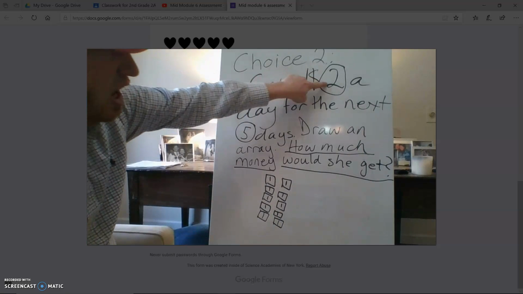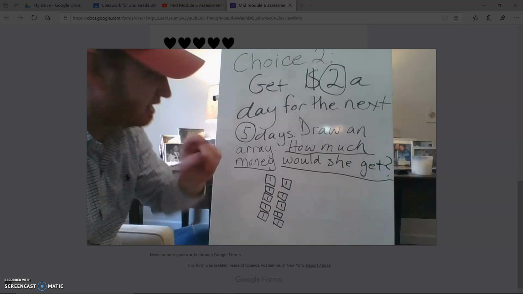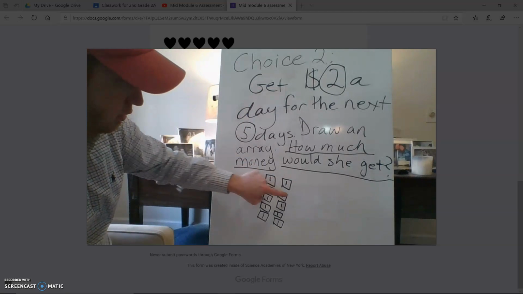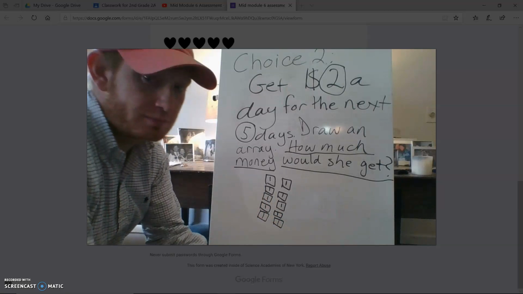So now she gets $2 a day. 1, 2, and there are 5 days. 1, 2, 3, 4, 5.